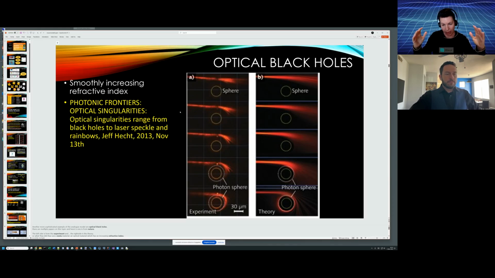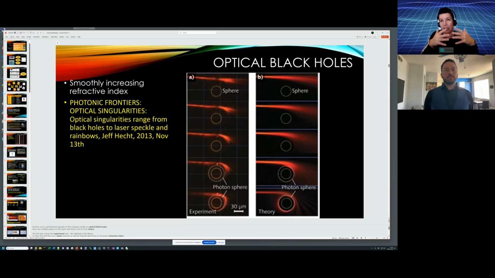Your refractive index gets larger and larger as you go towards the center. This makes the light waves spiral around, and you can even create an optical black hole that way. And it's using the same equations as general relativity, which is really interesting, right? Same equations, okay?